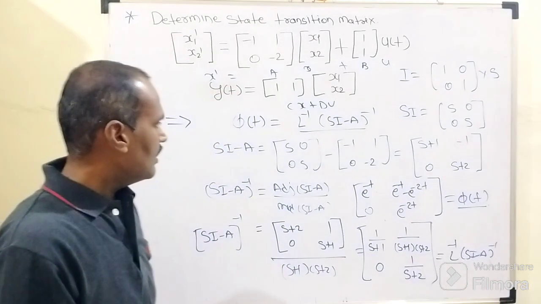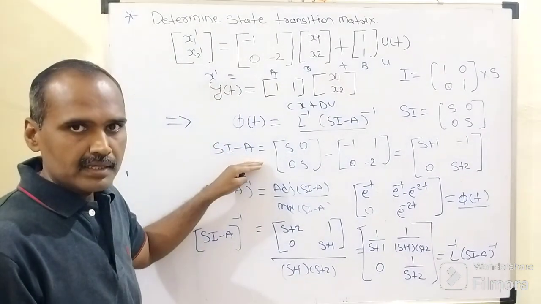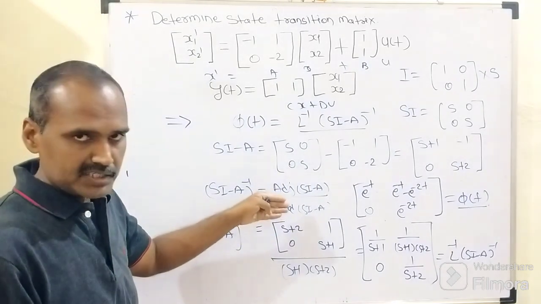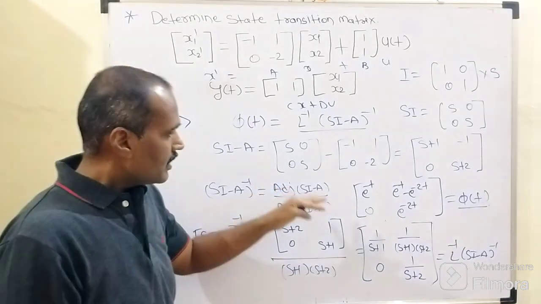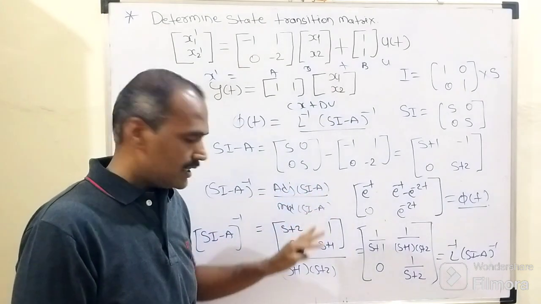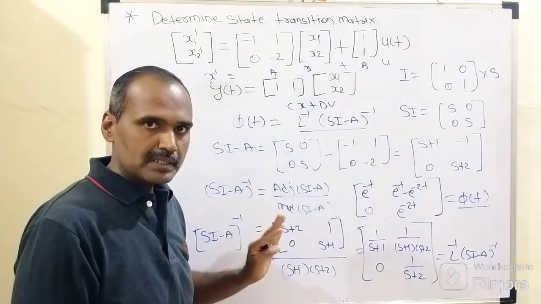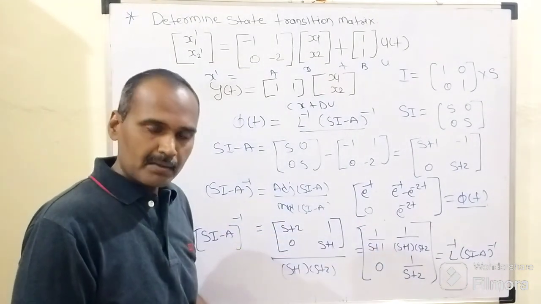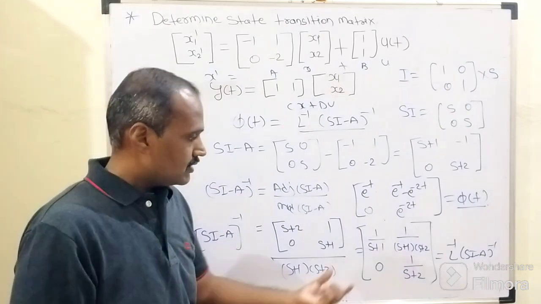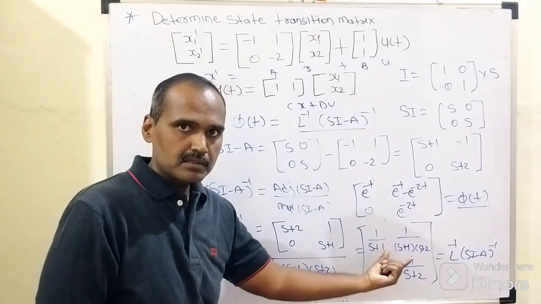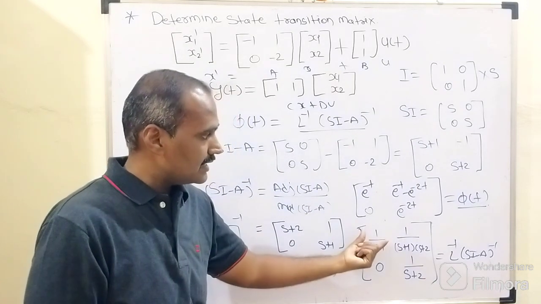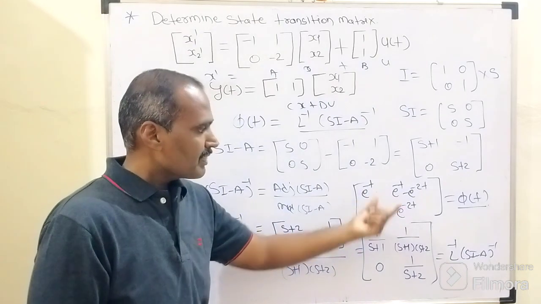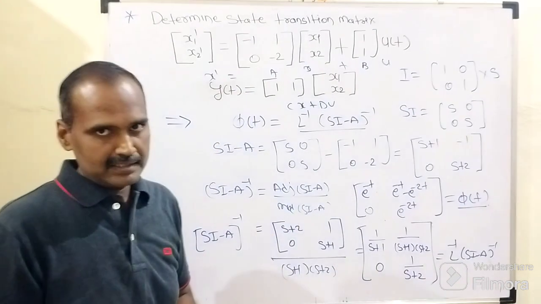As a result of the subtraction we get the term sI minus A. Then the inverse of this is the ratio of its adjoint to its modulus, so we decide its adjoint as well as its modulus. Finally we get the coefficients of the (sI minus A) inverse matrix, and in the last step when we apply the inverse Laplace transform, we come to know the desired elements of the state transition matrix.